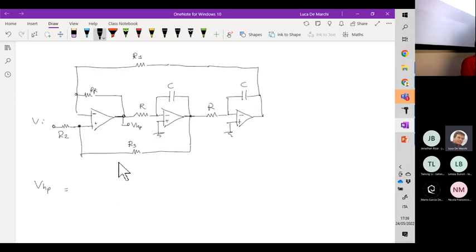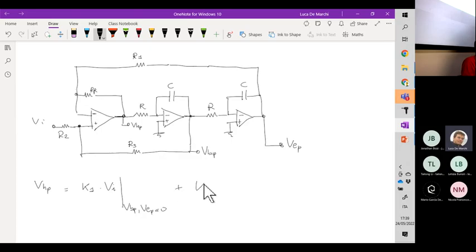That is, we will compute the coefficient of proportionality K1 between VHP and VI, the input, when the bandpass value, that is this voltage here, and the low pass value, that is the voltage here, are equal to 0.